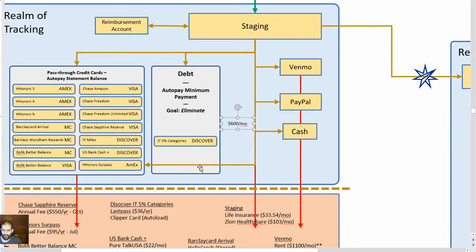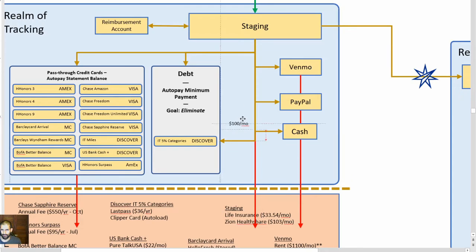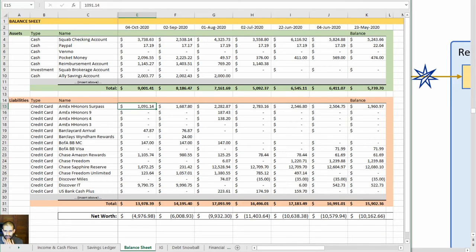And this I'm going to move over here, and I want to calculate how much I'm going to pay into this, because I'm going to set this to be whatever amount is going to cause it to be done in a year, and that way I don't have to think about it anymore.